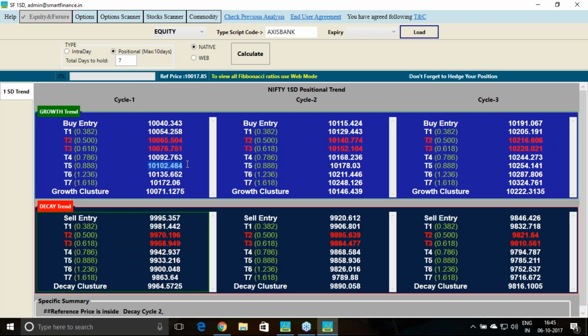No need to enter here, wait for the second cycle. If there is a gap down also, if it is opening at 9,050, not in your zone of entry, then better don't enter, wait for the second cycle. For any second cycle, the cluster will be the stop loss, and you must hedge the trade. So this is what I have told.